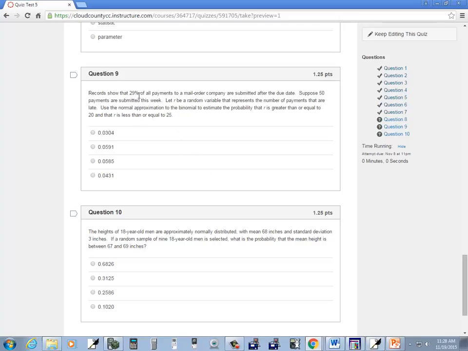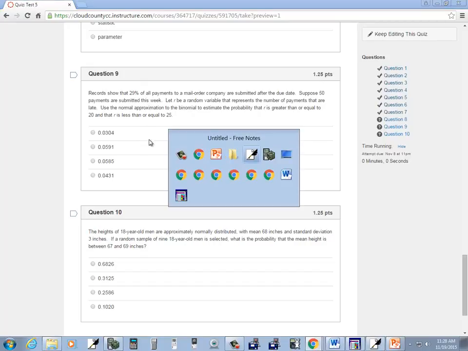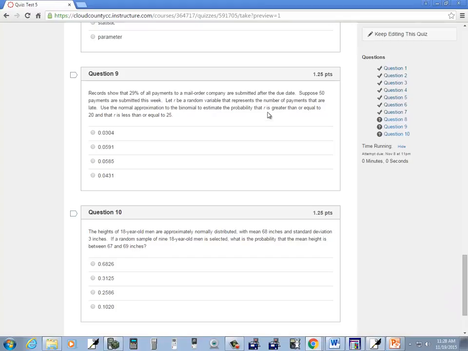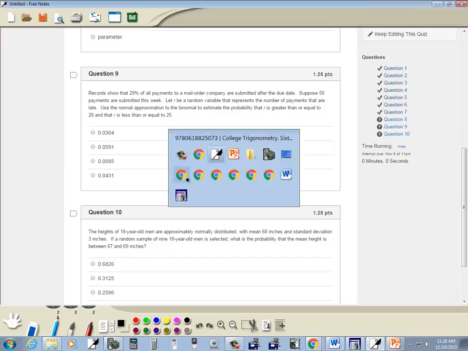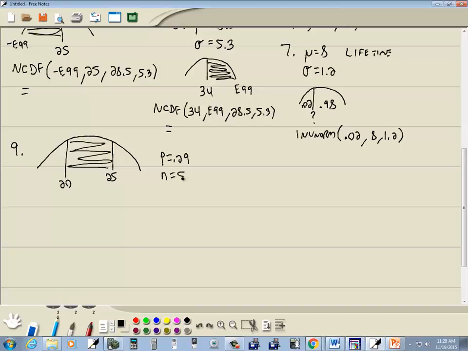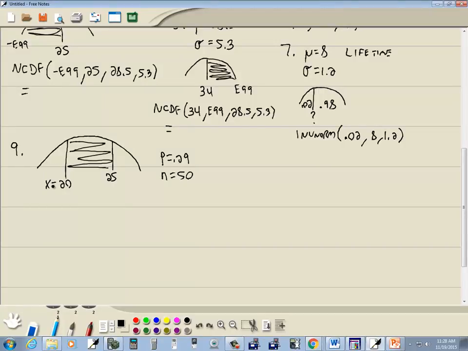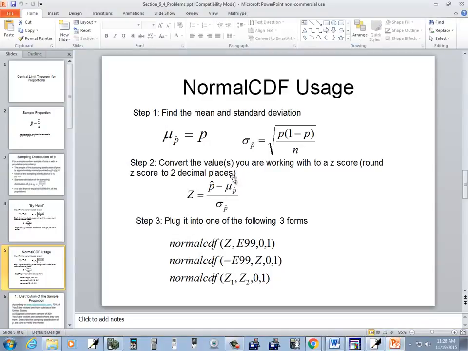It says records show that 29% of all payments, so P is 0.29. Suppose 50 payments are submitted, so N is 50. I guess that's it. So then this is X, and this is X. And going through our steps, we need to find the mean and standard deviation.